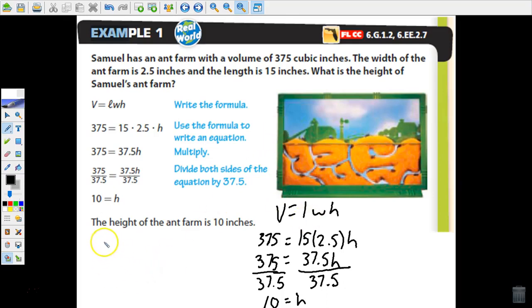So my height will be 10. Hopefully everybody understands. You're just writing your formula, plugging everything in, and then solving for the missing variable. That is it.